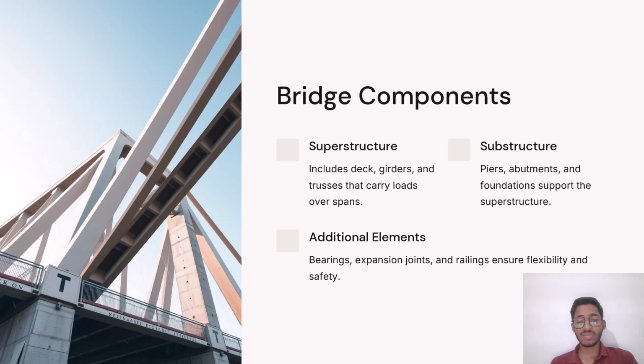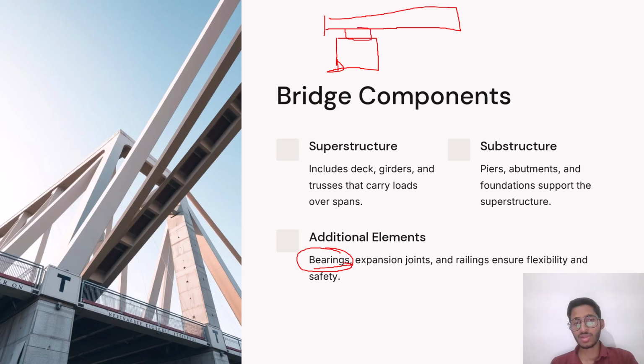Then additional elements are bearings, expansion joints, and railings, which ensure flexibility and safety. The function of providing bearings: consider this is one deck slab and this is the pier of the bridge. The bearings are provided in this location.